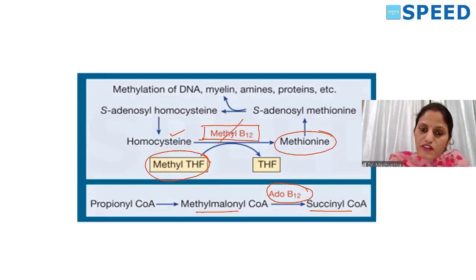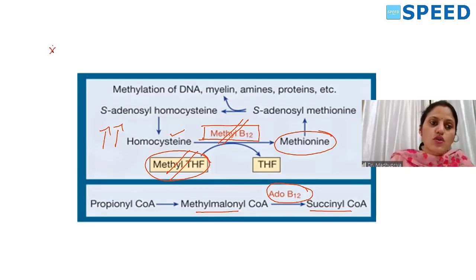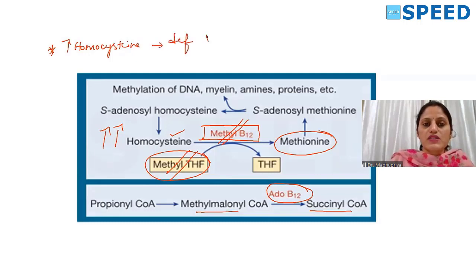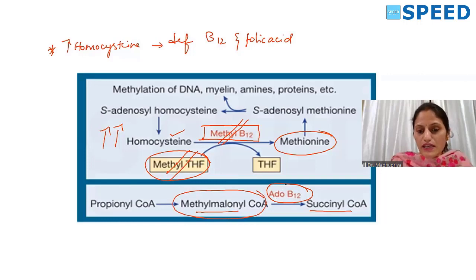So whenever there is deficient methylcobalamin, what will happen to the homocysteine levels? It will rise. Whenever there is deficient tetrahydrofolate, also homocysteine levels rise. That much you have to know. So increased homocysteine levels are seen in deficient B12 and folic acid, but increased methylmalonyl CoA is seen only in deficient B12.